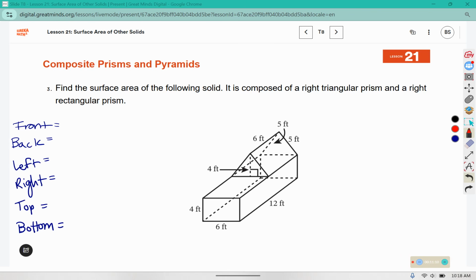So from the front, I see a rectangular piece, which is 4 by 6, and a triangular piece, which has a base of 6 and a height of 4. But it's a triangle, so I have to divide it by 2.